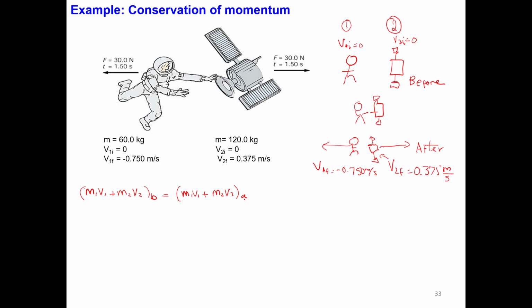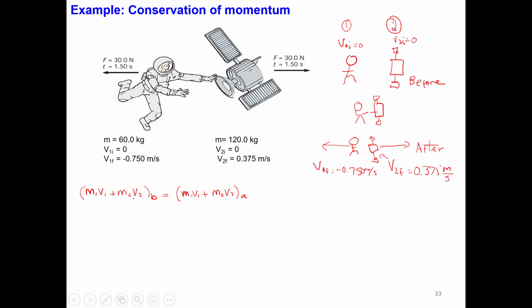Then what happened is, these are what we call the initial velocities in this case. And what happens if we multiply any mass, and we know the masses are 60 and 120, by 0? What happens if we multiply 120 by 0?